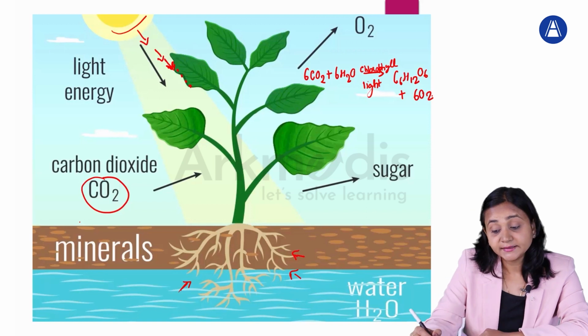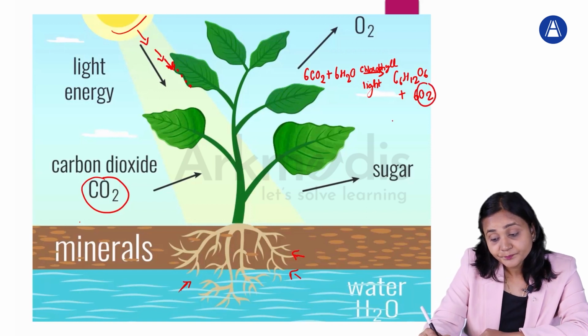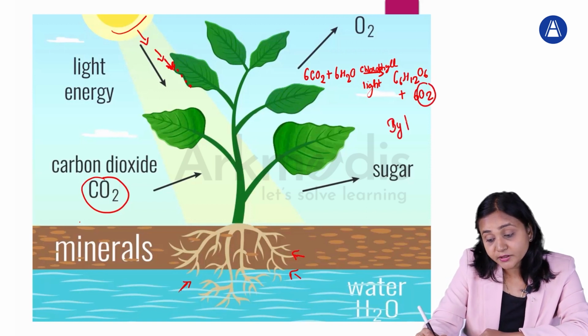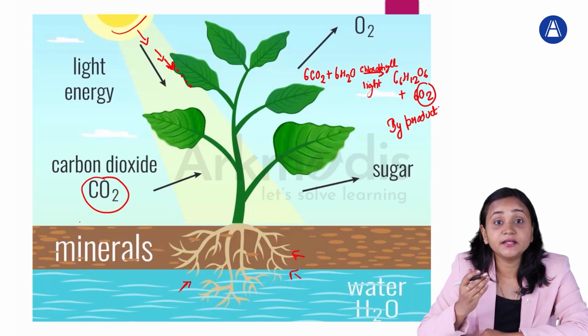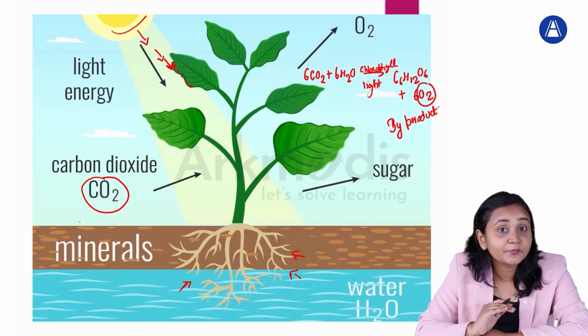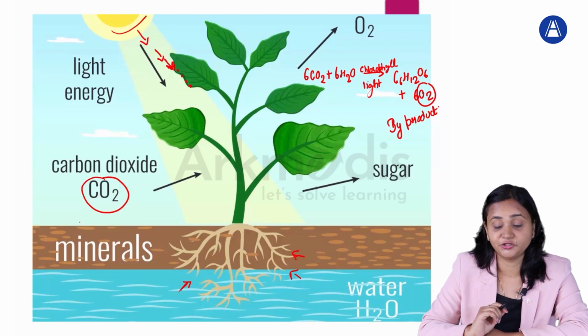Make it a point that this oxygen is the main byproduct of this photosynthesis reaction, and this oxygen is that which we inhale, and all the living organisms inhale this particular oxygen during their process of respiration.